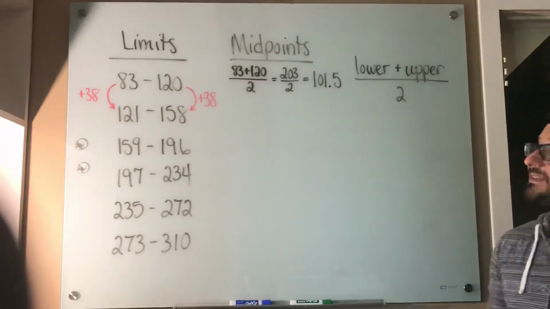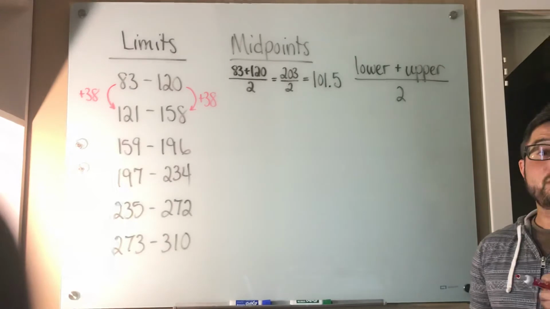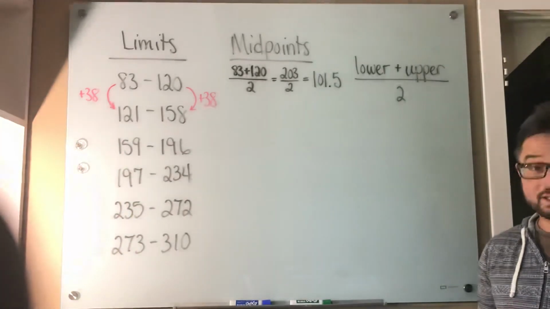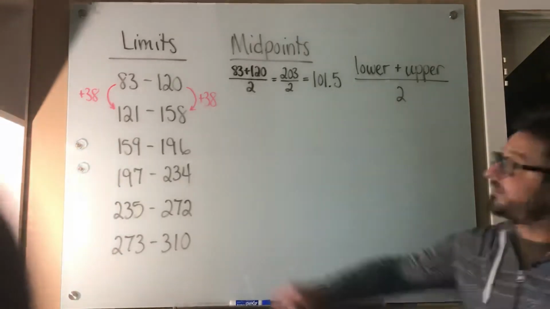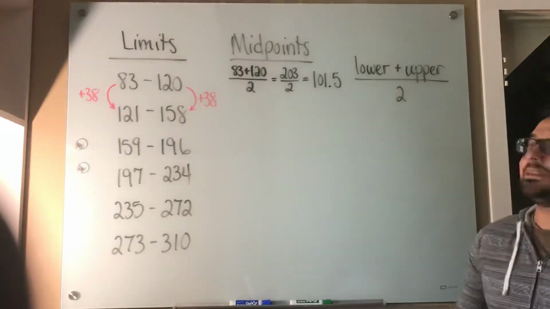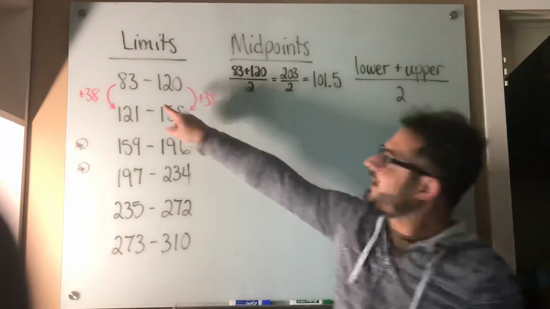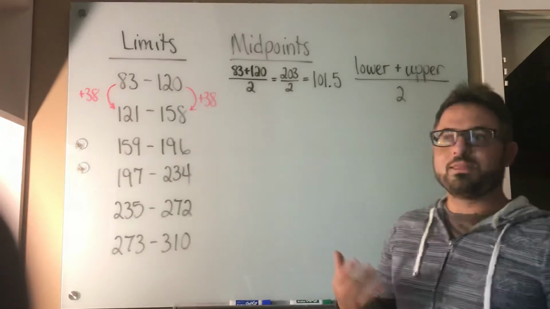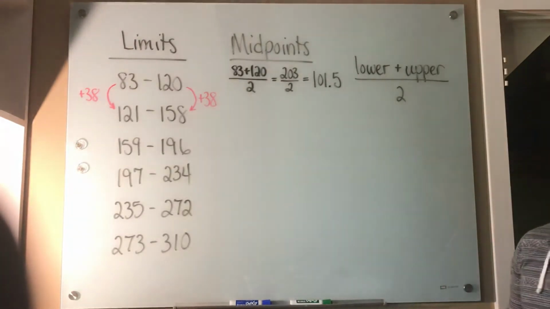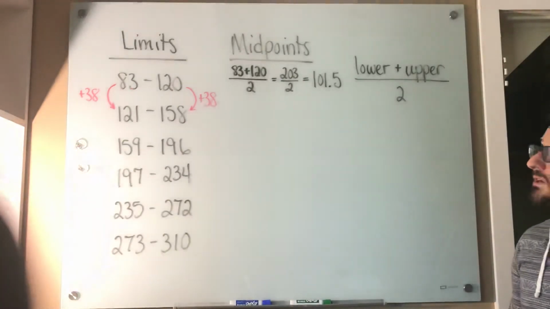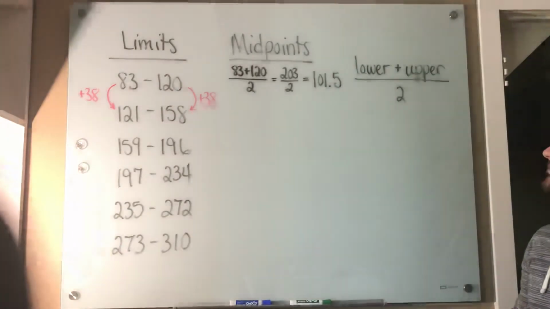Actually, it's the difference between corresponding data values in successive classes, whether it's the very first, or the very last, or the second. If we took the second value from each class, 84 and 122, they would also be 38 apart from each other. So the midpoints are also 38 apart from each other.